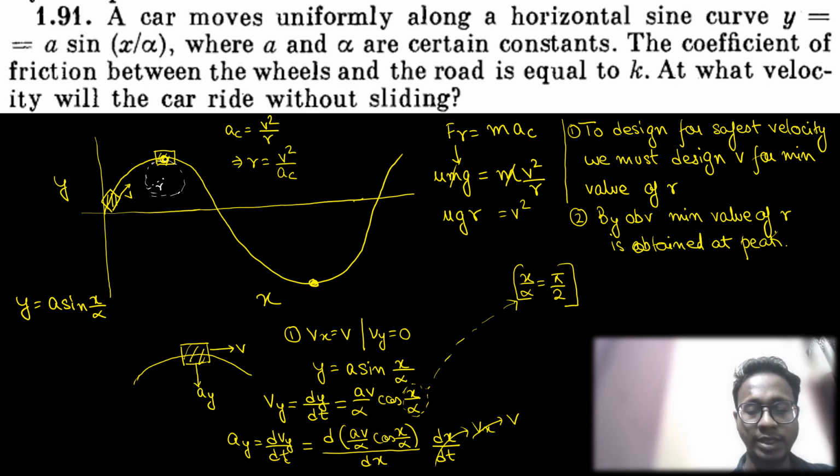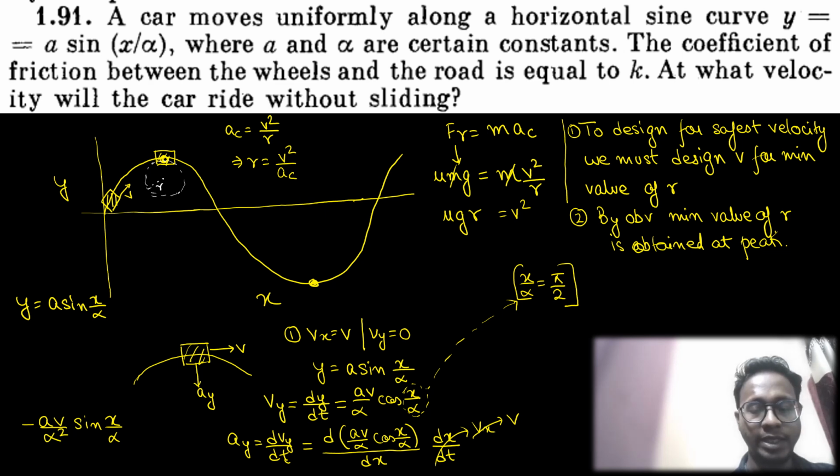If we differentiate this entire term with respect to x, it comes out as minus a v by alpha into sine x by alpha, and here alpha square.